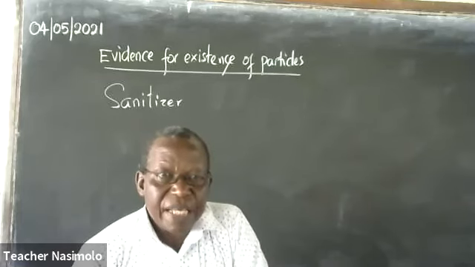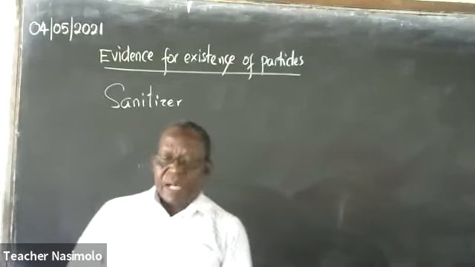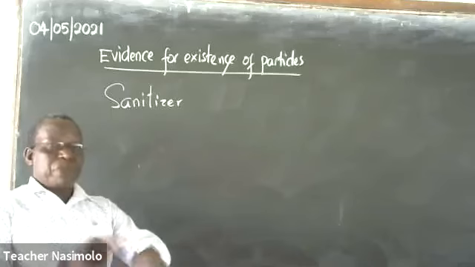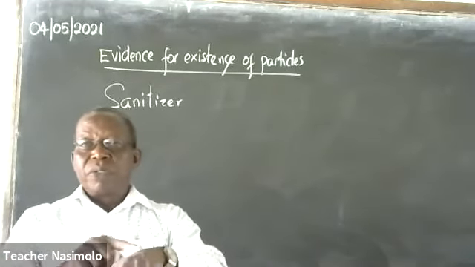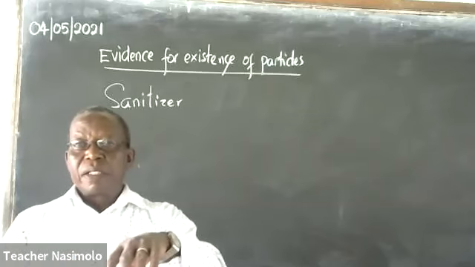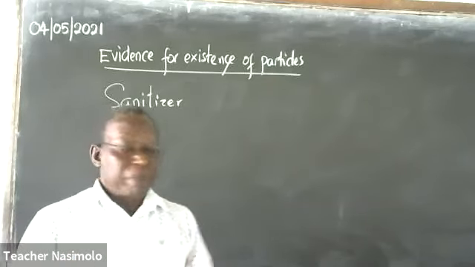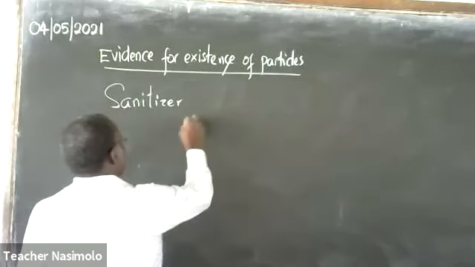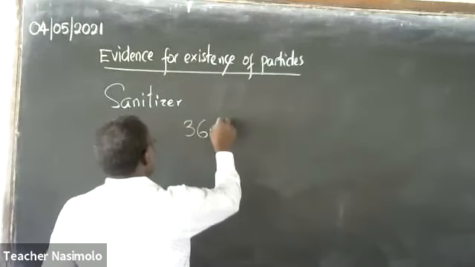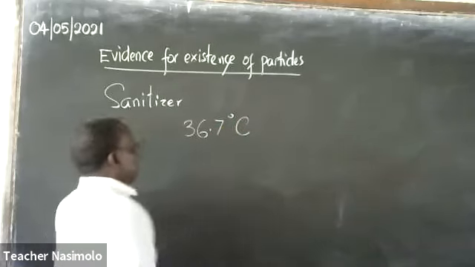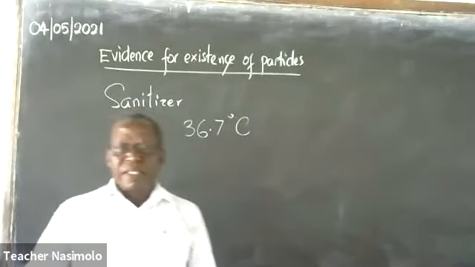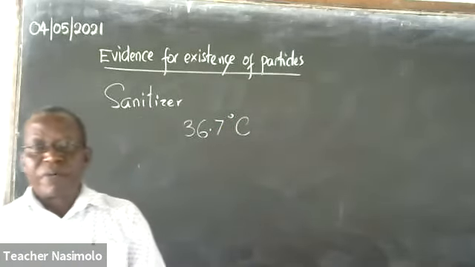Now, what happens is that when you put the drop of that sanitizer on the back of your hand, remember our body temperature is about 36.7 degrees centigrade, or 36.9 degrees centigrade.